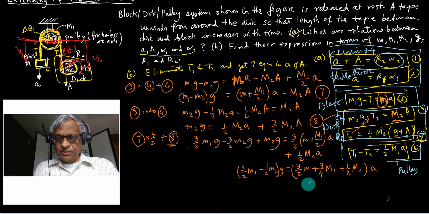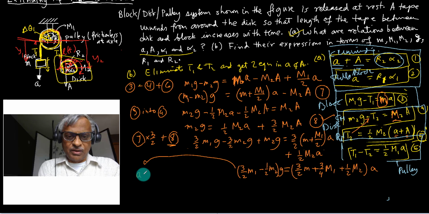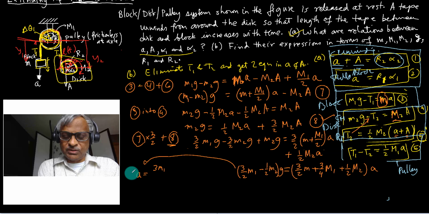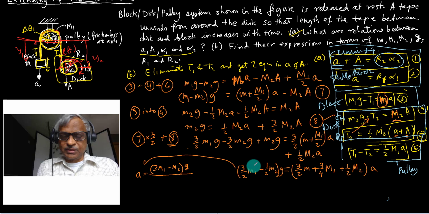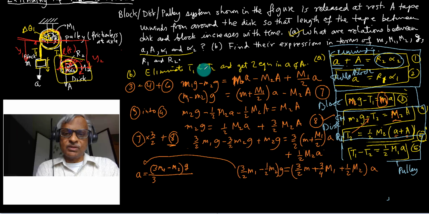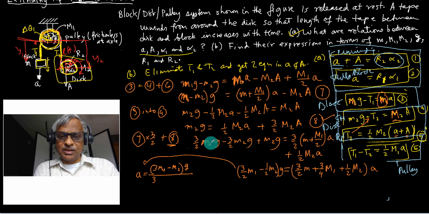Now therefore we're gonna get a equals to, you can see the half all cancels out, so 3 m1 minus m2 g over 3 m, not, you see this is mg, this was m, this was m, not m1, and this was m, so this is m, 3m plus 3/2 m1 plus m2.